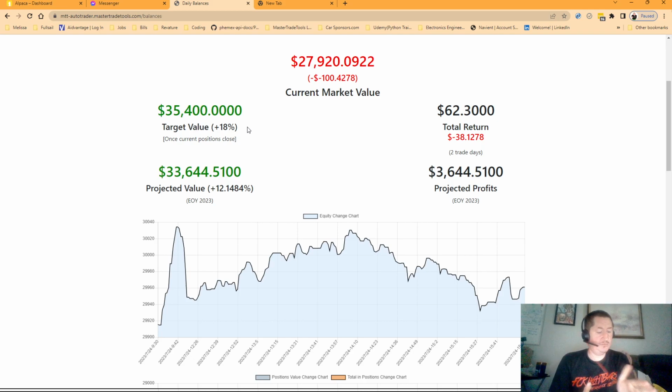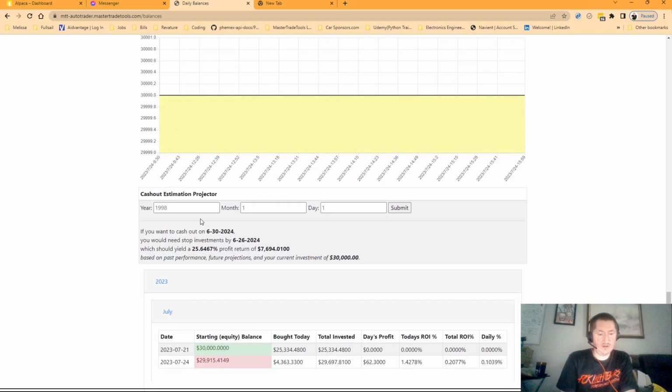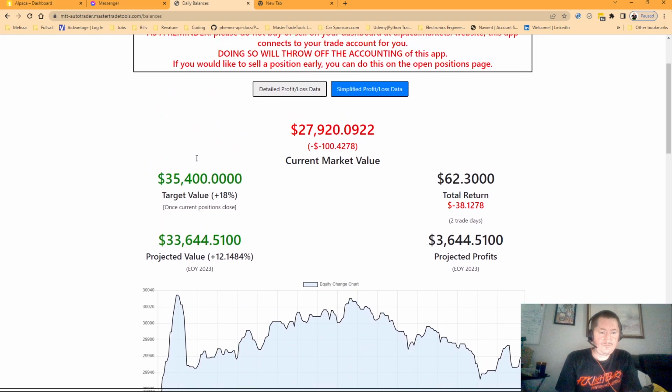So from one point in the year to that same point in the next year, you should make 18% or greater. And in this case, if we started on 7/21, then July 21 of next year, we should have an 18% gain of $5,400 basically is what that equates to.